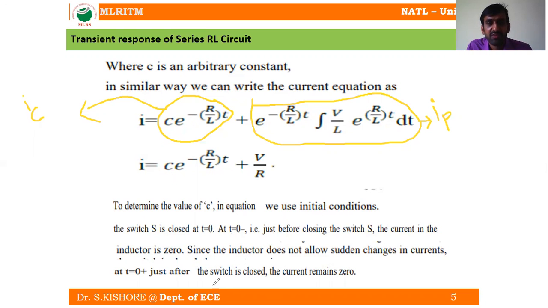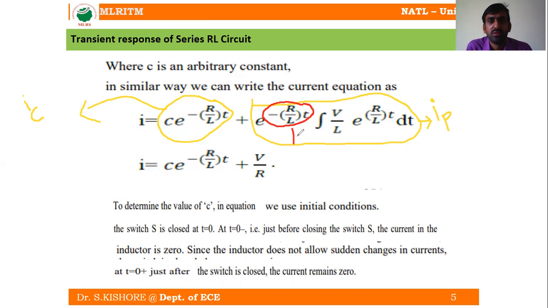So if we estimate the initial conditions at T equals 0, the switch is closed and the current remains 0. Just substitute these initial conditions here, that is T equals 0. Writing e power minus R by L into T with T equal to 0, this whole portion becomes 0, so e power 0 becomes 1.